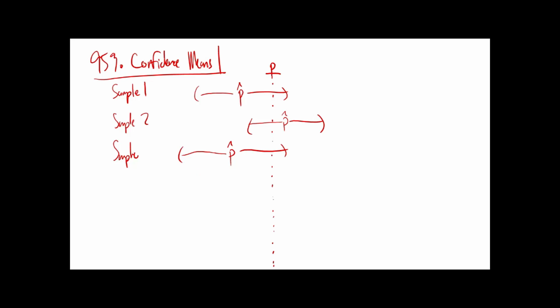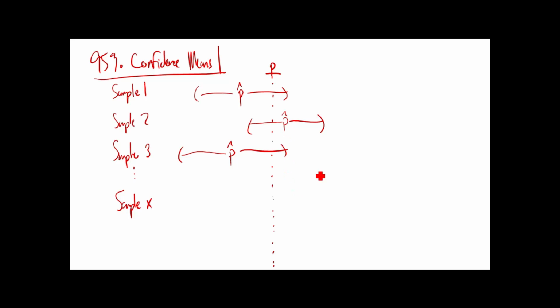Sometimes your intervals are going to be a little higher, sometimes a little lower, and then every once in a while, what's going to happen? So far, this was a little underestimated, but I caught the truth at the top. This was a little overestimated, but I caught the truth in the bottom of my interval.